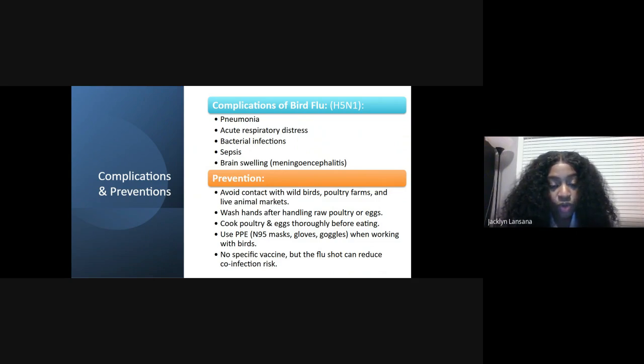For prevention, avoid contact with wild birds, poultry farms, and live animal markets. Always wash hands after handling raw poultry or eggs. Using personal protective equipment such as masks, gloves, and goggles also helps prevent contracting bird flu from animals. Next slide, please.